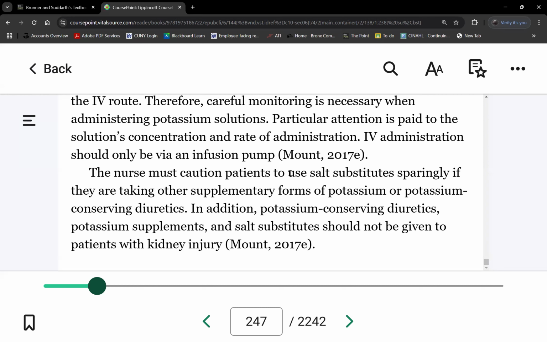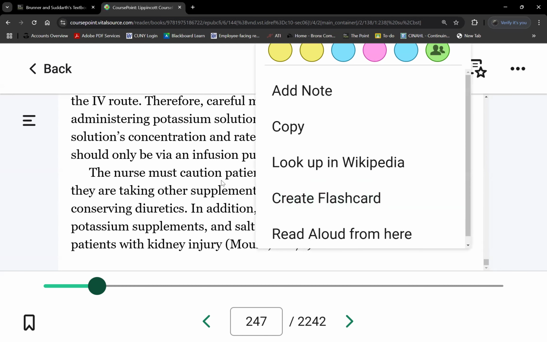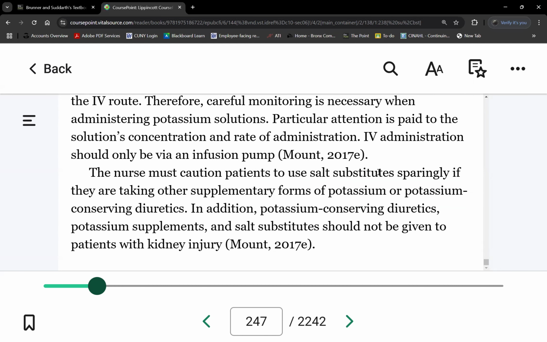So how will your food taste? Therefore, patients will have to resort to salt substitutes, which are made of potassium. So be careful about salt substitutes, especially the cheap ones. Cheap ones are made of potassium.